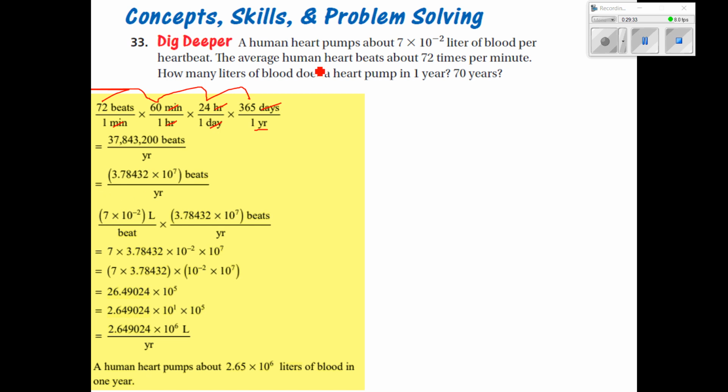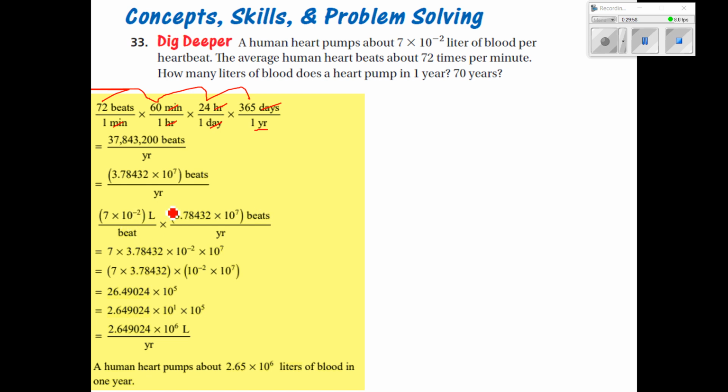And we have the heart pumps about 7 times 10 to the negative 2 liters per heartbeat. So we have to take this, how much it is per heartbeat, and multiply it to how much it beats in a year, right? Because for every one of these beats, we're multiplying this to it.